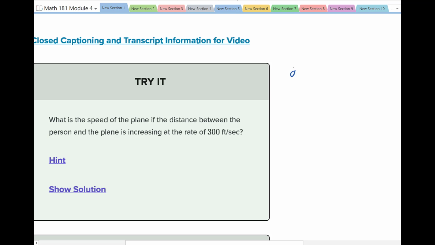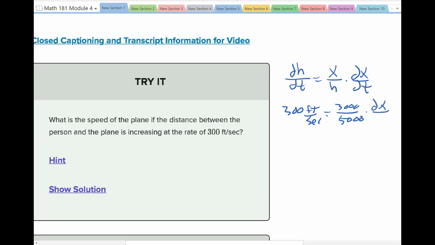So what we had was the formula dh dt equals x over h times dx dt. So in this case, we're given dh dt and we have to find dx dt. So that means we're going to have 300 feet per second equals x over h, and that was 3,000 over 5,000 times dx dt.